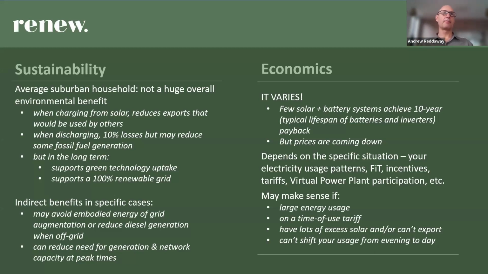Great. But if you really focus in and say, okay, when I'm discharging that battery, is it going to be saving burning of coal? Well, in the evening, yeah, it would. You're discharging that battery after the sun's gone down. It's going to reduce how hard the coal-fired power stations have to work in the Latrobe Valley, sure. But there's a flip side, because the battery's not generating energy; it's just storing it.